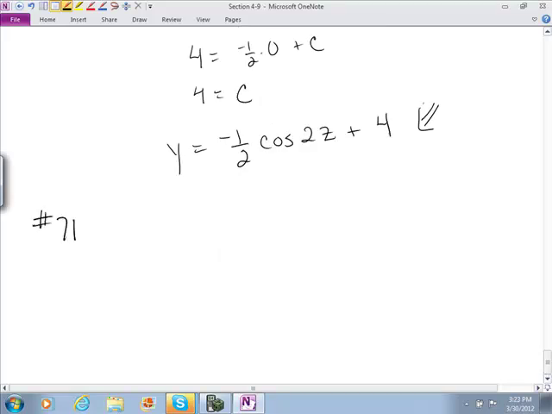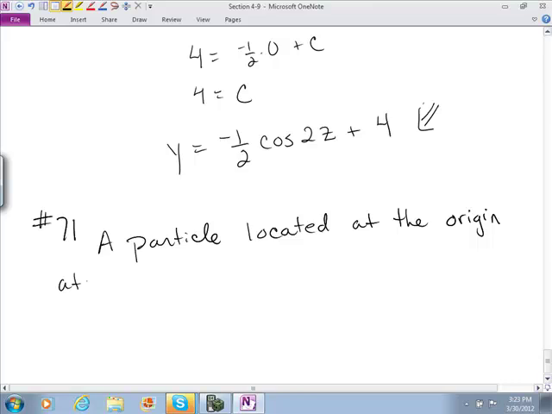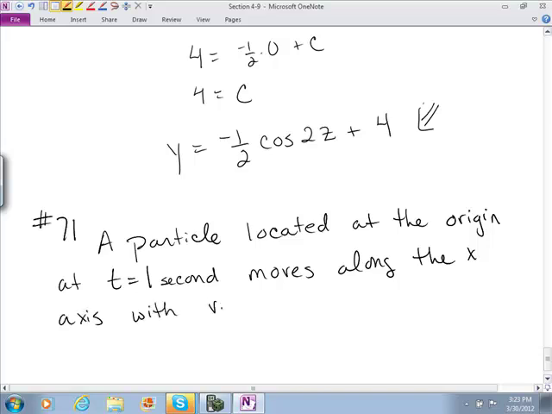So the last question that we're going to look at is number 71. This is a word problem, but it's dealing with these differential equations. It says a particle located at the origin at t equals 1 second moves along the x-axis with velocity v of t is equal to 6t squared minus t meters per second.